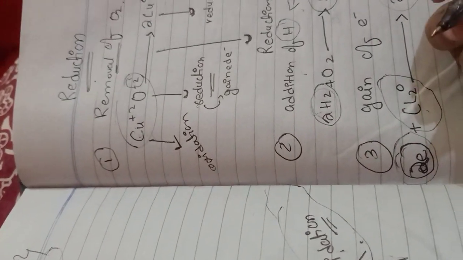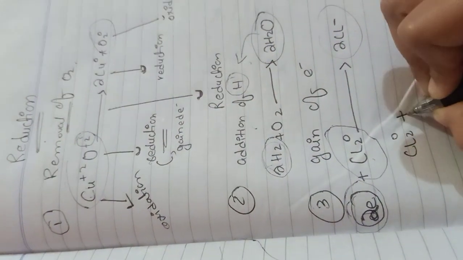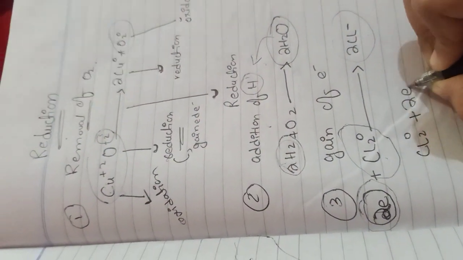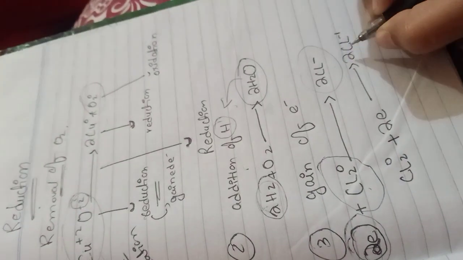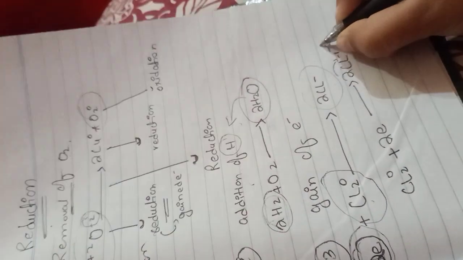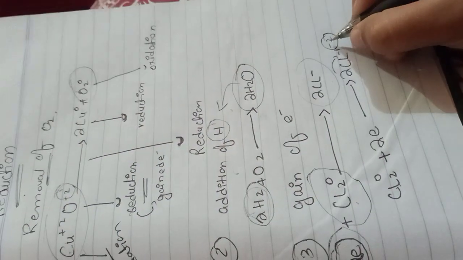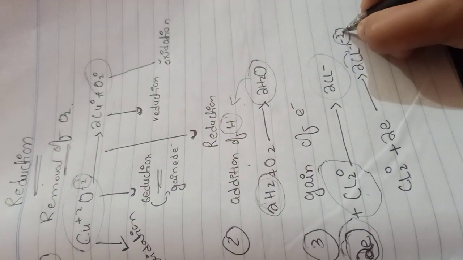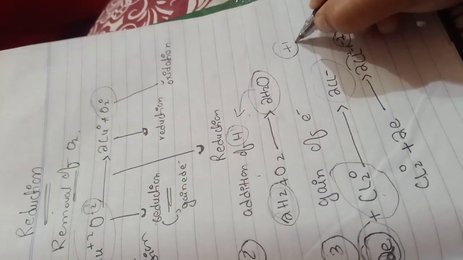You can also write it like this, that 2 electrons are gained, and here the charge is -2, which means it has gained 2 electrons. If the positive sign is there, it means it has lost the electron.